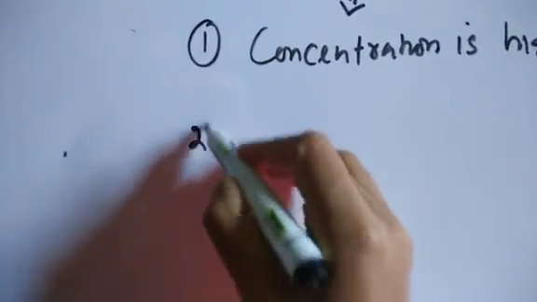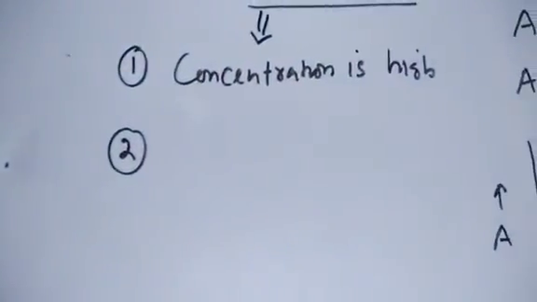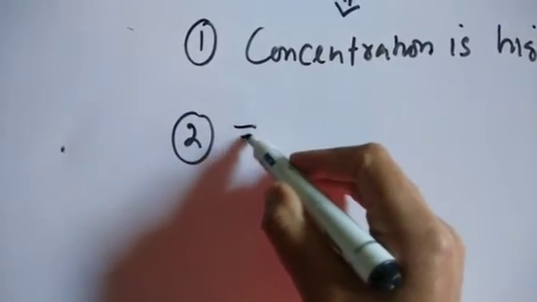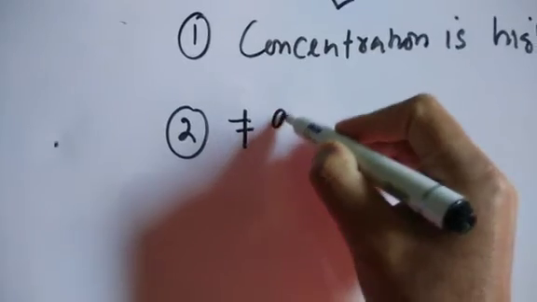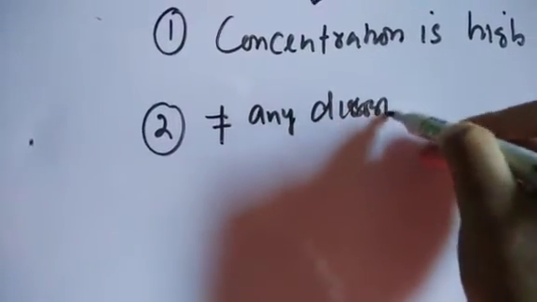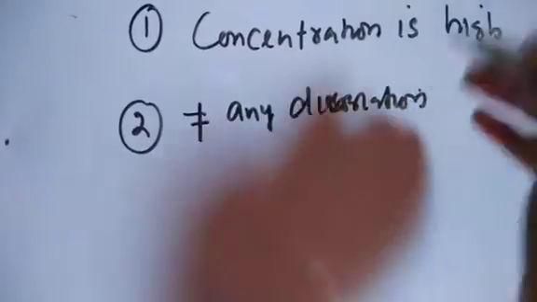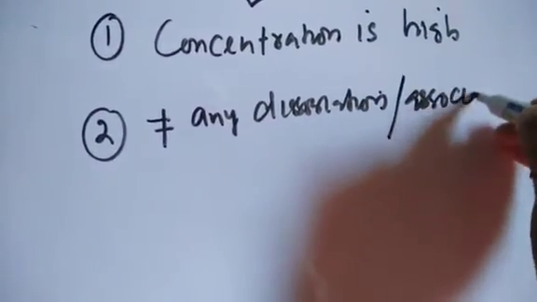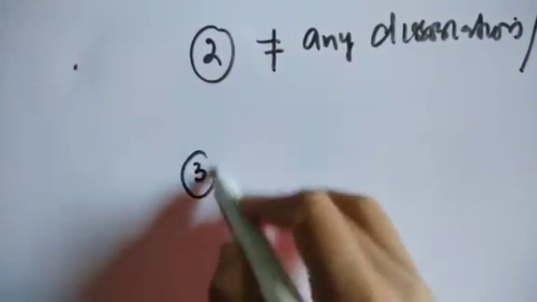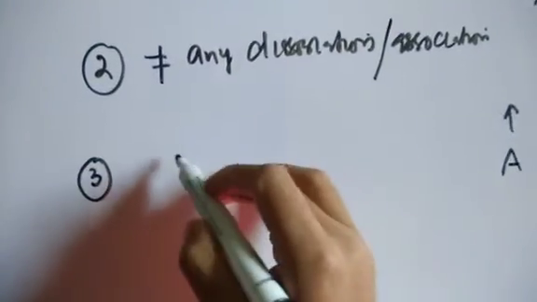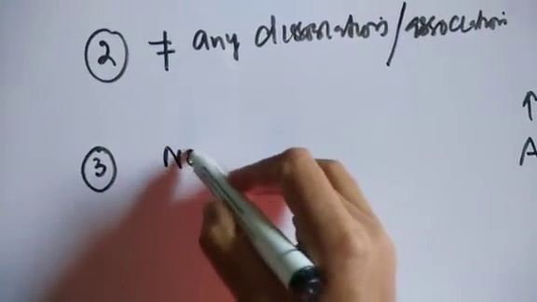Number two, the molecule should not undergo any dissociation, molecule breakdown, or any association. Number three, that means the molecule will not undergo any chemical reaction. हमने इसको dissolve किया, there should not be any chemical reaction.